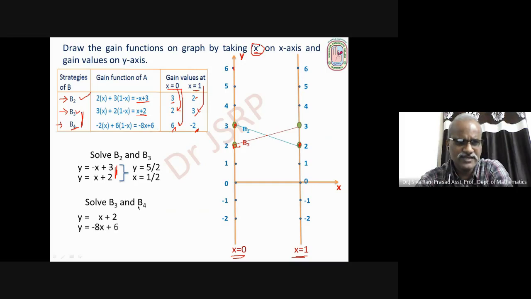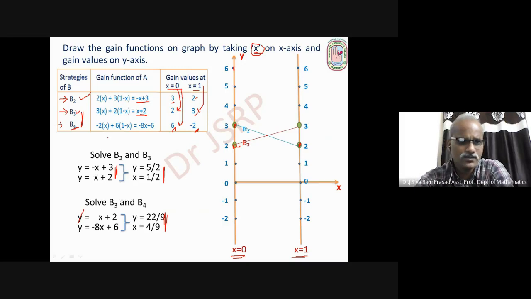B4: y equal to minus 8x plus 6. Solve these two. Just subtract, y gets cancelled. By subtracting, y gets cancelled. X minus minus 8x, 9x minus 4 equals 0, so x equal 4 by 9. Substitute here, you get y equal to 22 by 9. Okay, so this point is different from this point. So B4 does not pass through this point.